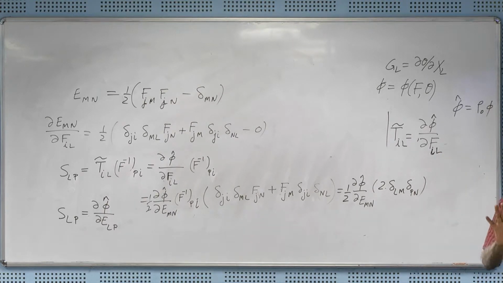But the Cauchy stress tensor does not have a potential like that. So the Helmholtz free energy serves as a potential for the first or the second Piola-Kirchhoff stress tensor, but not for the Cauchy stress tensor.